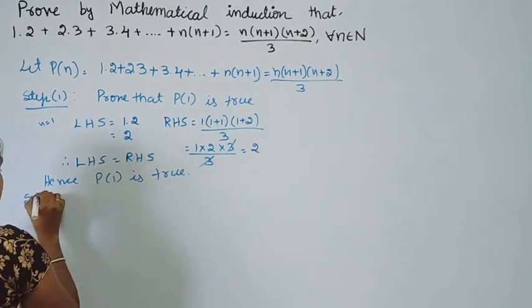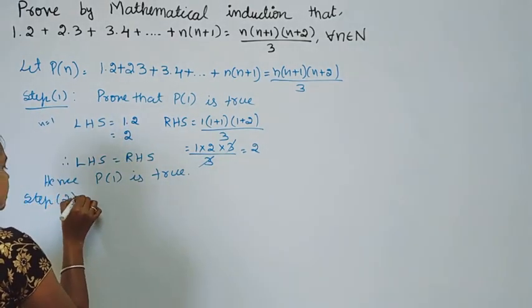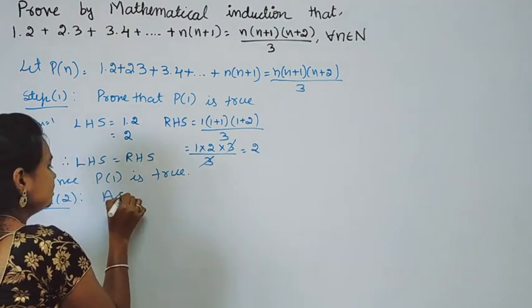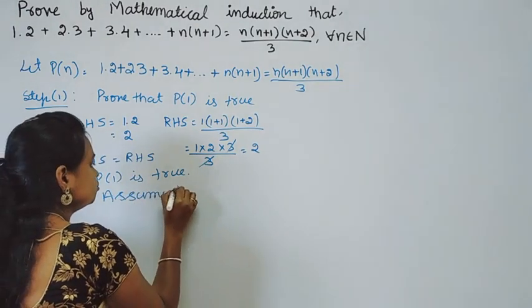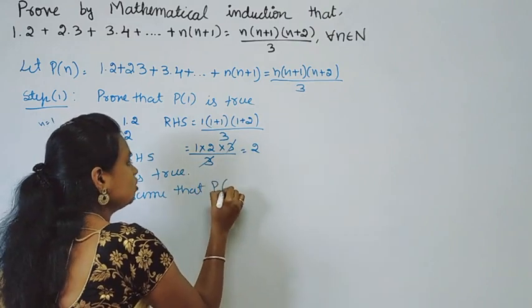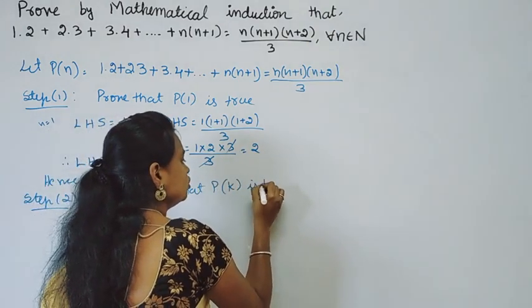So what is step 2? Step 2 is assume that P of k is true.